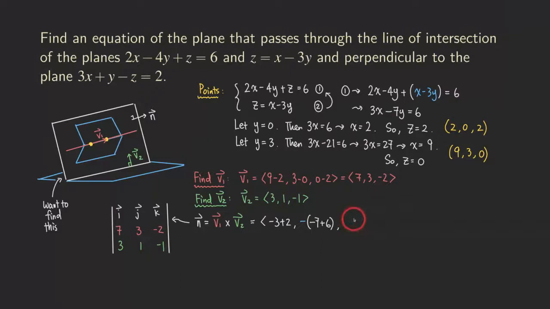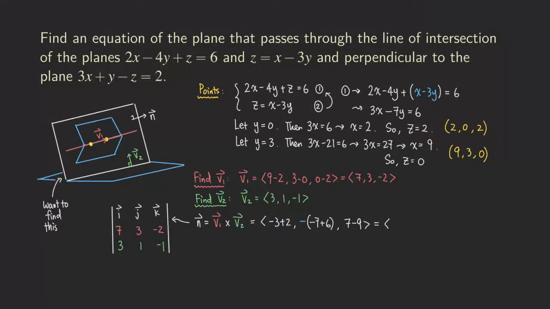Okay, now continue. We cross out the first row, the third column, then we are going to get this 2 by 2 determinant. So we are going to get 7 times 1, we get 7. And then -3 times 3, we get -9.